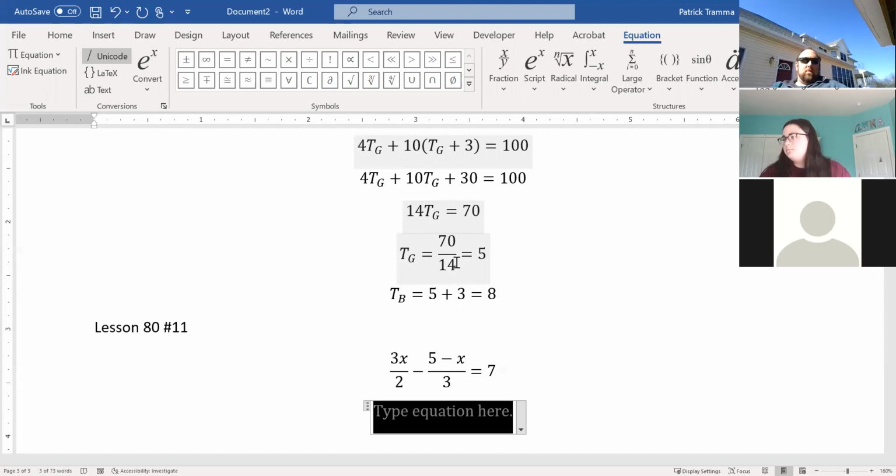You could do it either way, but the easiest way is to get rid of fractions. Okay, then I'll get rid of fractions. So multiply by the least common multiple of the denominators. So that would be 6. Right, so we'd multiply everything by 6/6.